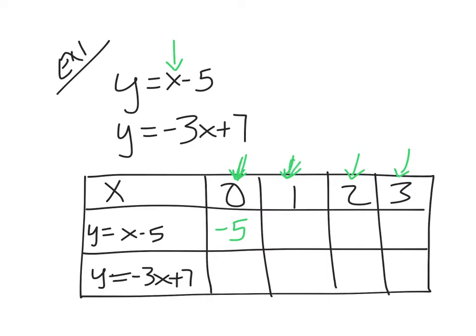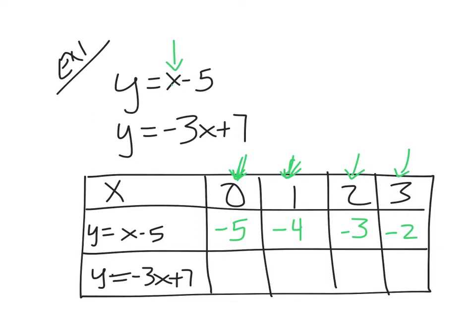What's 1 minus 5? 4, no, negative 4. Yep. Because it's a positive 1 and then minus 5. I have a pattern going on here. What is 2 minus 5? Negative 3. And what is 3 minus 5? Negative 2. Very good. Okay, so I plugged them into that first equation.